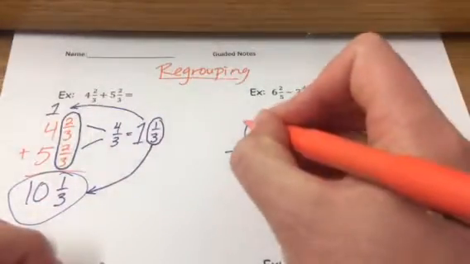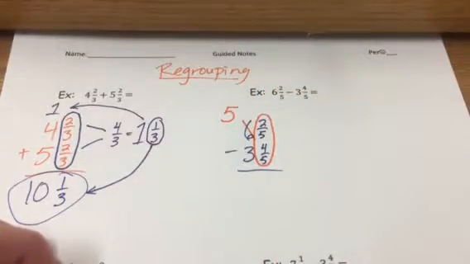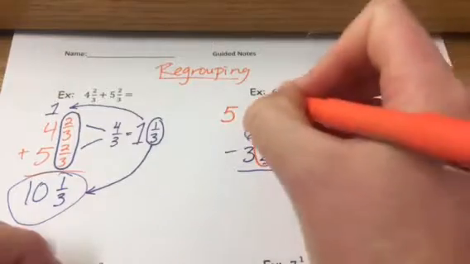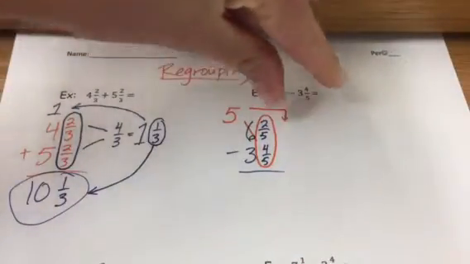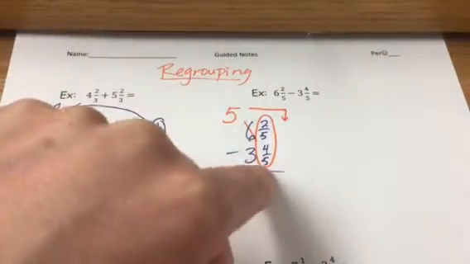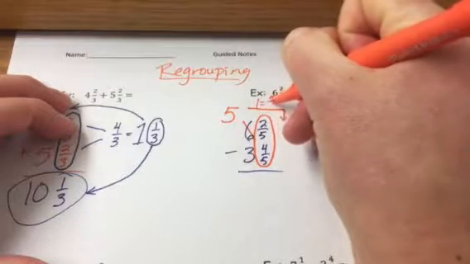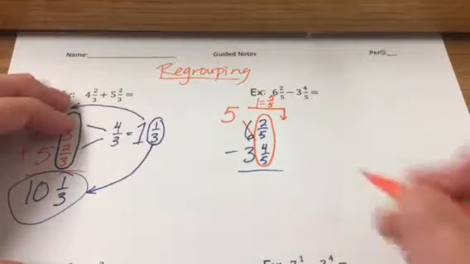So I'm going to go next door and borrow a whole number, which will reduce that down to 5. Now when I bring that one whole thing over, I envision this as a crane picking up one whole thing, bringing it over, and dropping it down into fraction land, and the fractions that we're dealing with are fifths. So I'm going to bring it over as 5/5 because those two things are equivalent.